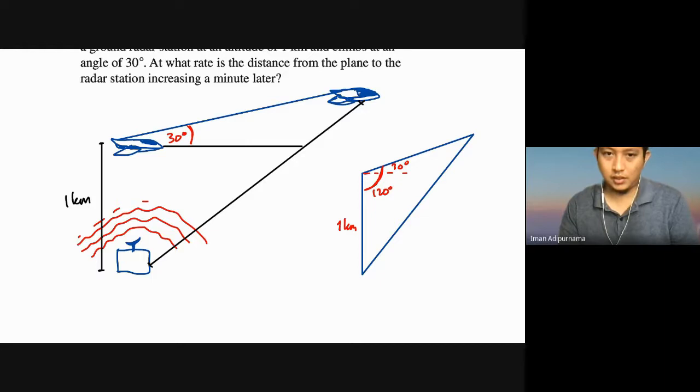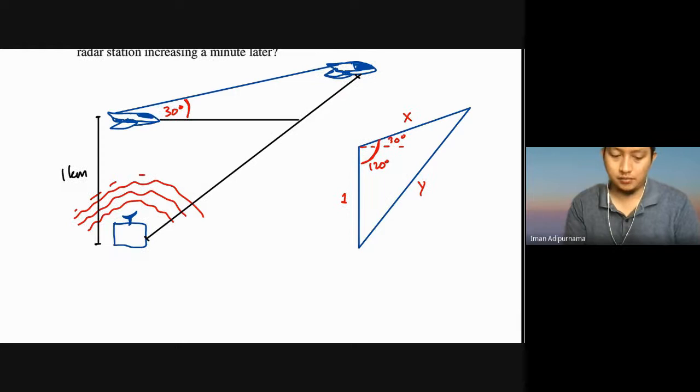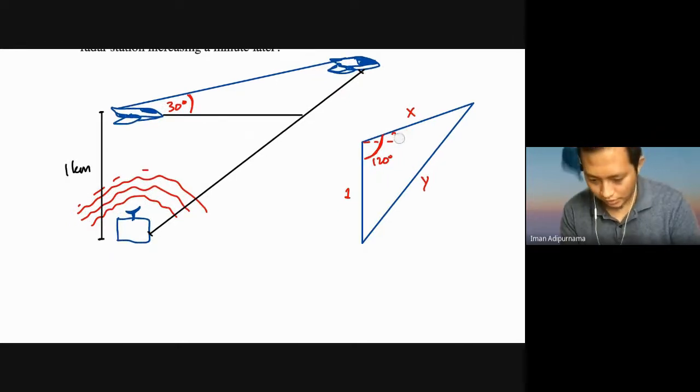And let's name all the distances. This is 1, this is x, this is y. Now to make it more clear we have 1, x, y, and then 120. And maybe I will erase the 30 here.